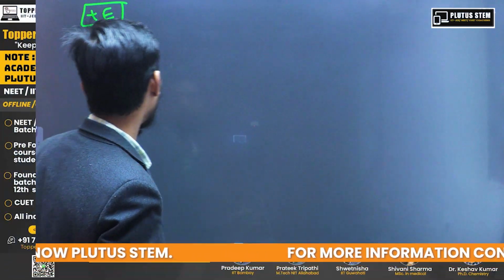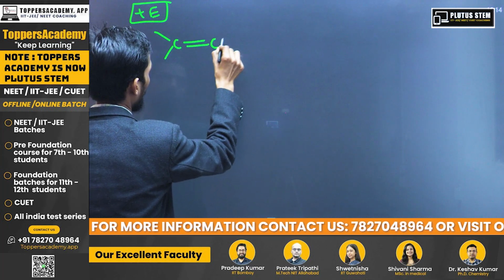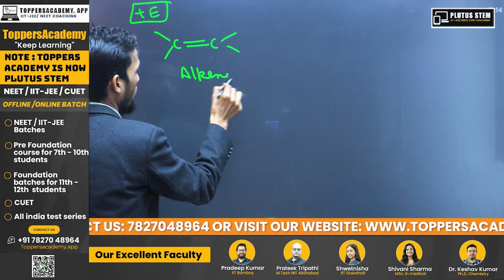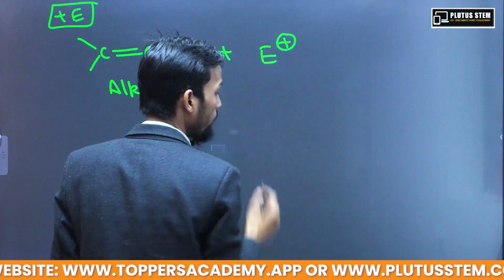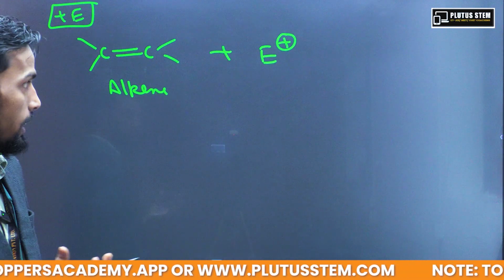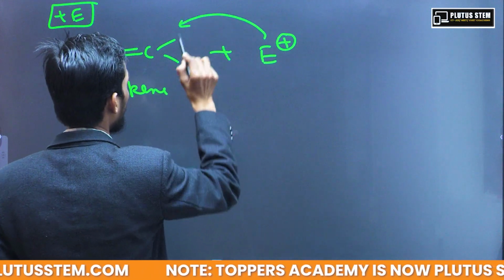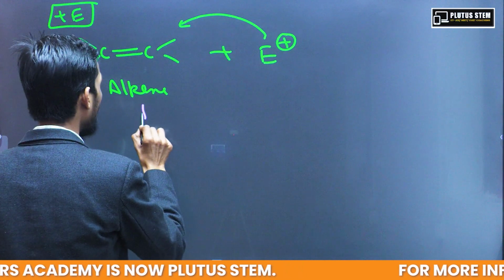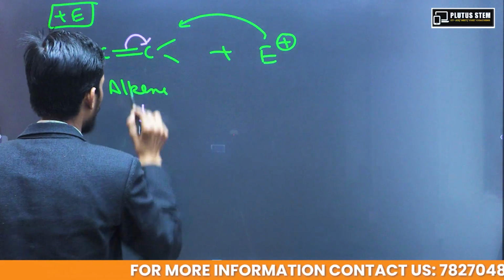In this type of effect, we have an alkene reacting with an electrophile. If we bring some electrophile near this alkene, what will happen? This alkene will shift its electron pair. This electron pair will move like this.